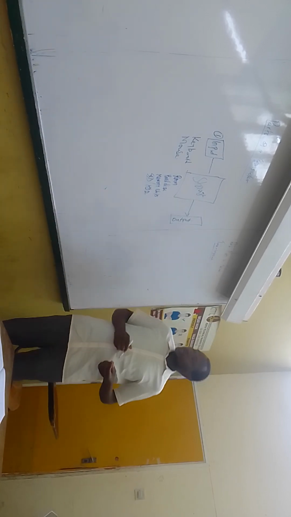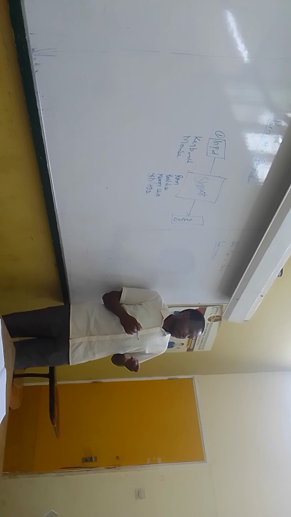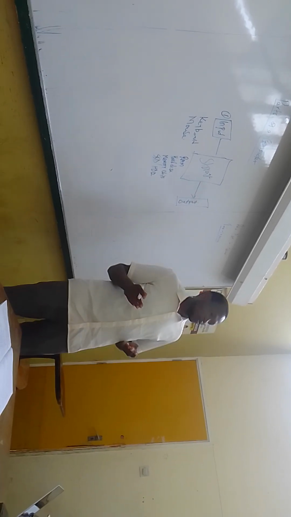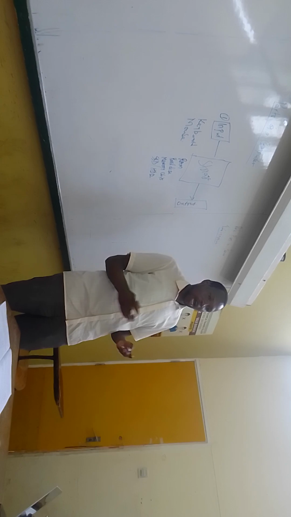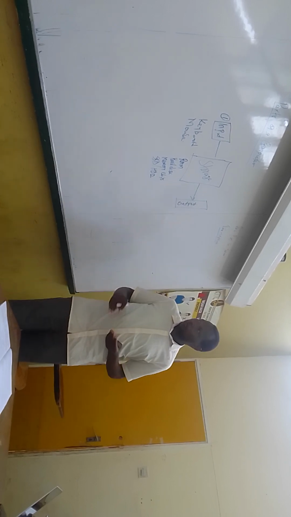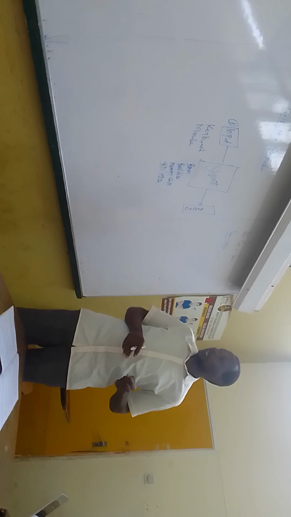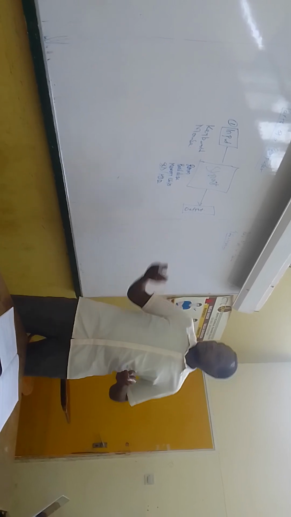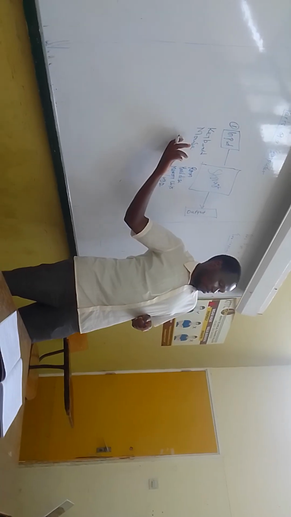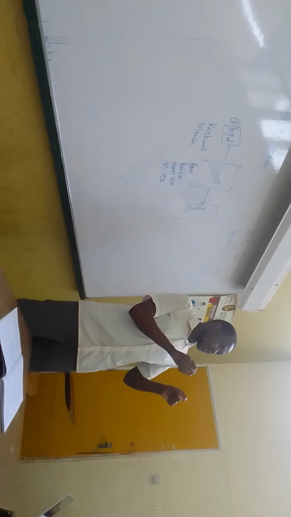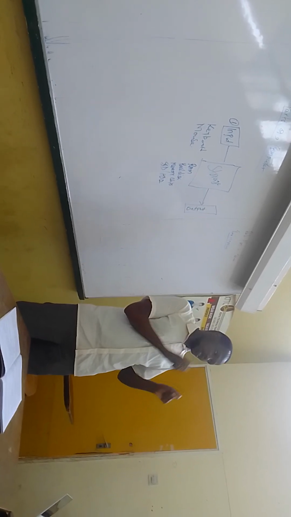And the output devices are the devices which output what the computer has processed, while the storage is where we store the information that the computer has processed. The keyboard and the mouse are responsible for inputting or feeding the computer with raw data.